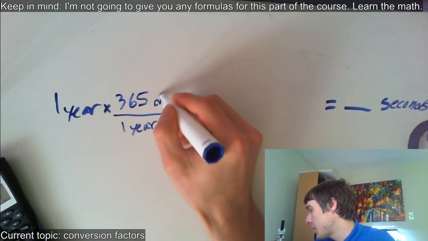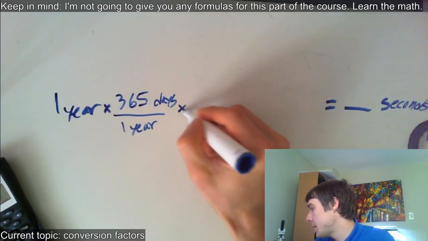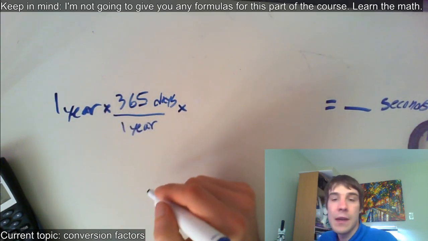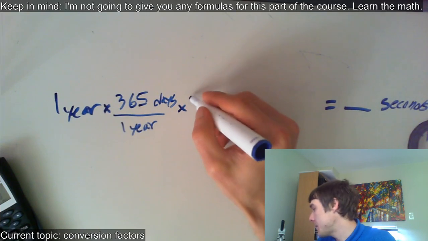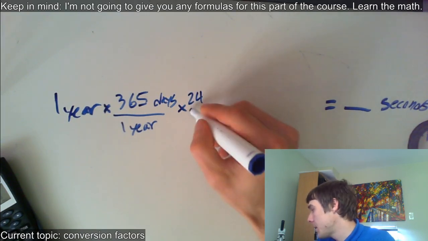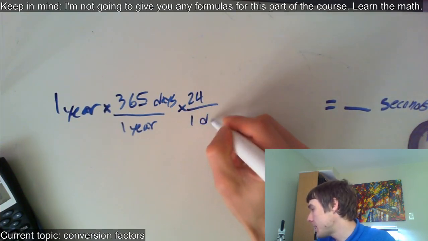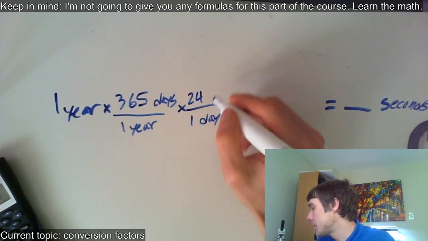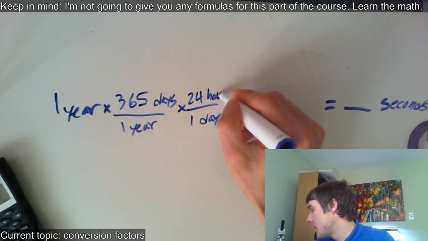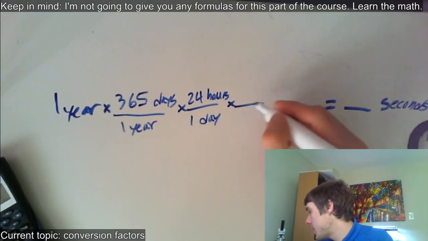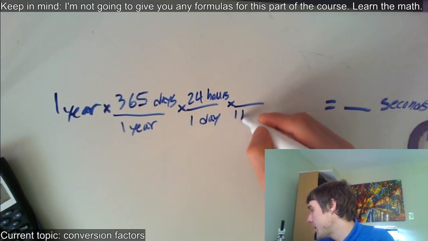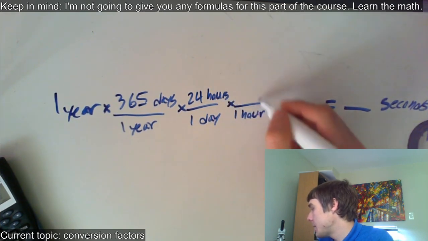365 days per year. Now, I don't know how many seconds are in a day, but I do know how many hours are in a day. 24. So again, days on the bottom, 1 day, because my day is going to cancel. Hours per day. Same thing, I know how many somethings per hour.